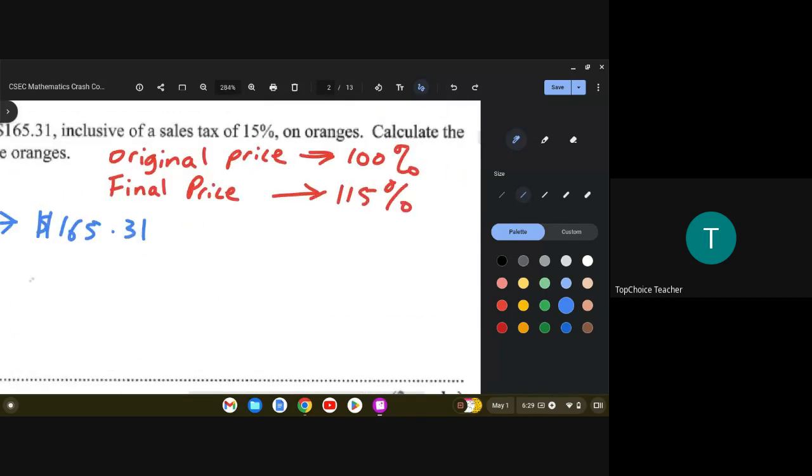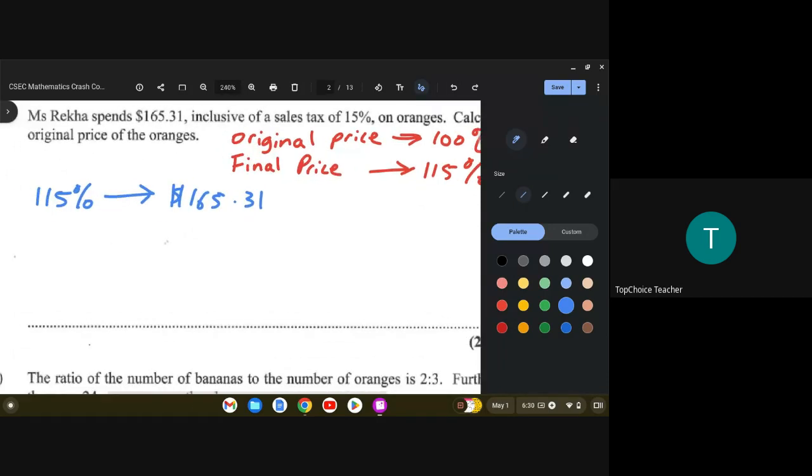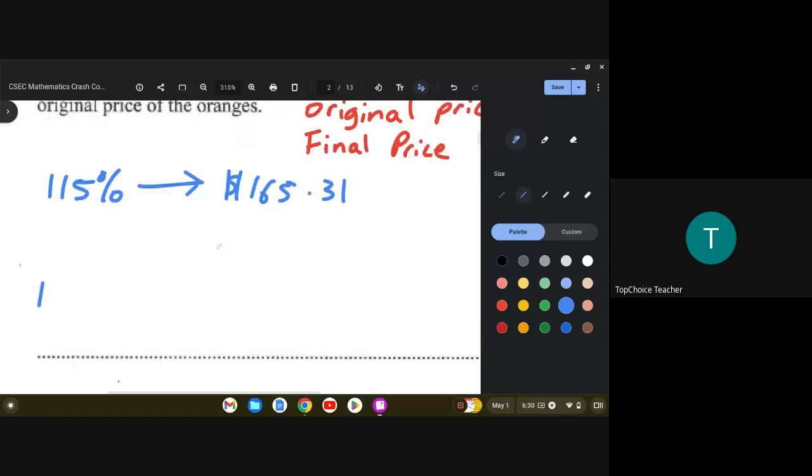What percentage is the original price? 100%. So we want to find eventually 100%. But before we work all the way down to 100%, how would we find 1%? You could skip this step, for those who may have done some chemistry and moles, ratios would be quite easy for you. But let's find 1% first, then find 100%, and that would be our answer.